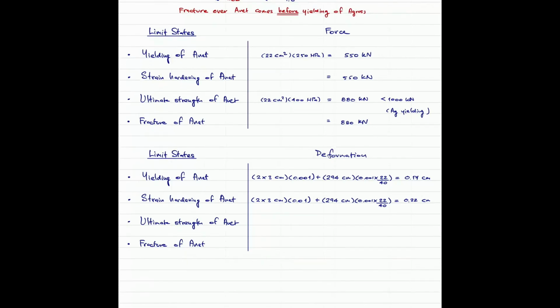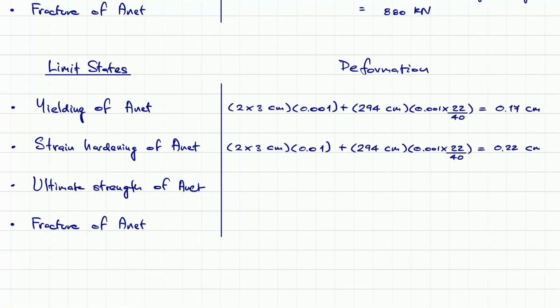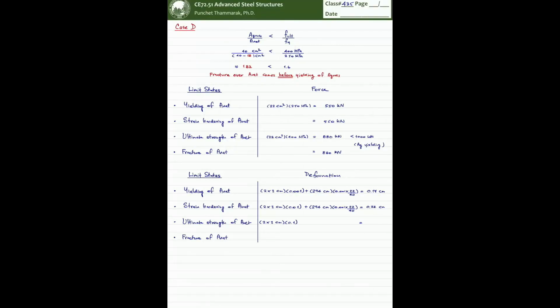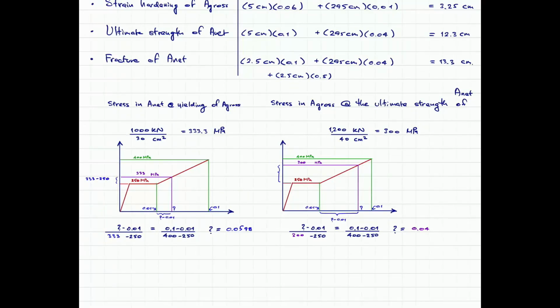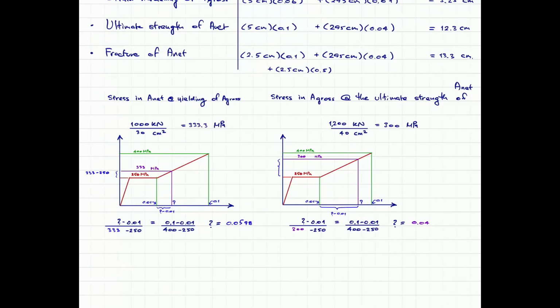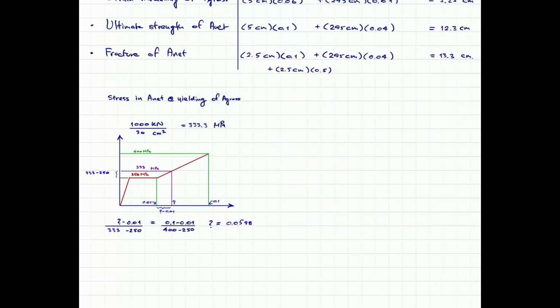And then ultimate, this one out, this here. You just need to figure out strain in there. So stress in A net at the yielding over stress in A gross at the ultimate of A net. I'm gonna pick this one up.